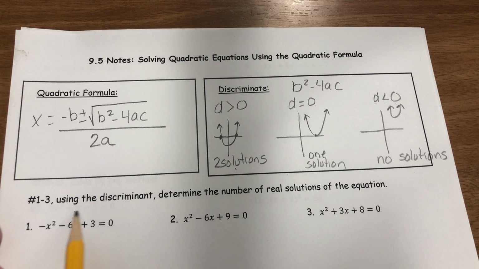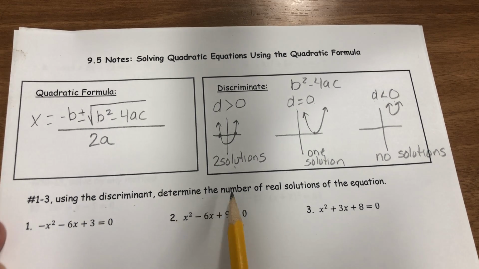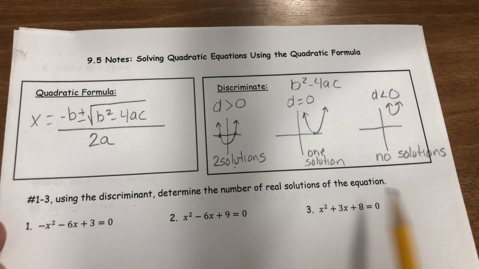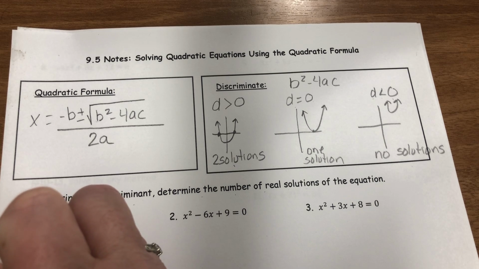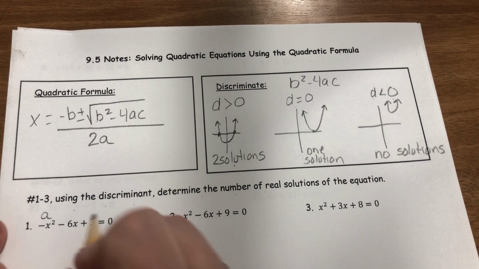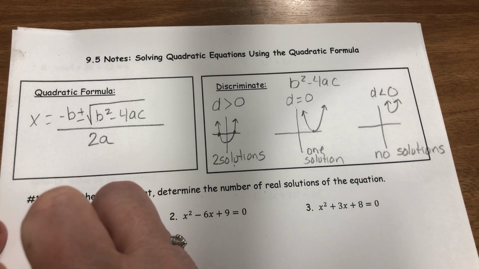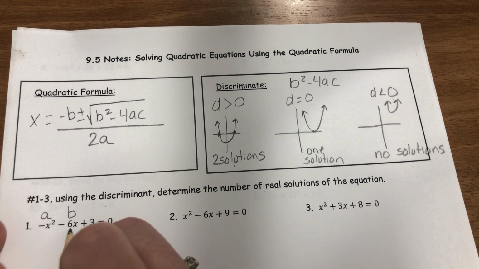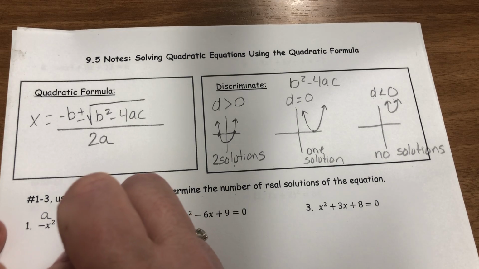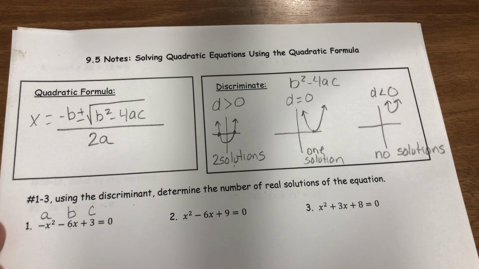So down here, using the discriminant, determine the number of real solutions of the equation. And just so you know, the number in front of the x squared is the a. The number in front of the x is the b, and this is the c.